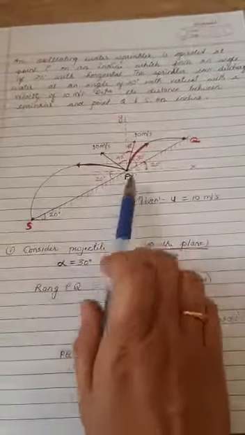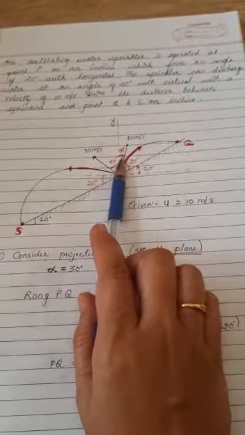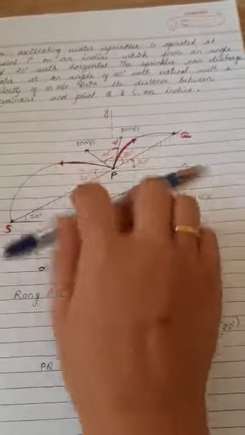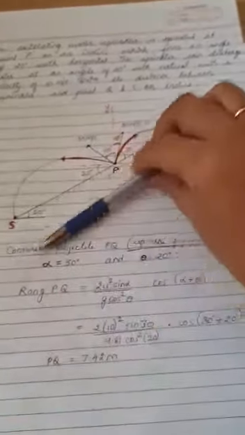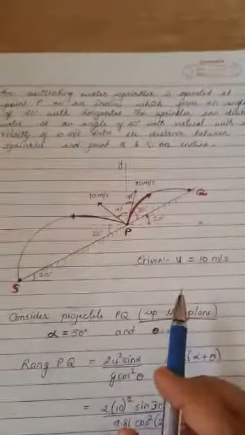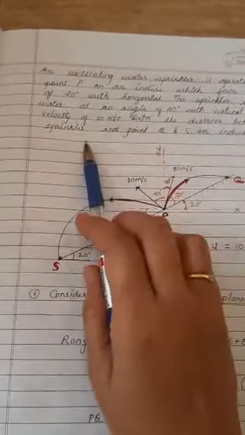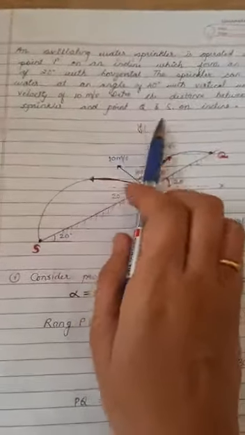The initial velocity is 10 meters per second. This is your x coordinate, this is your y coordinate, and this is your inclined plane. What you have to find is the distance between the sprinkler and the points Q and S.